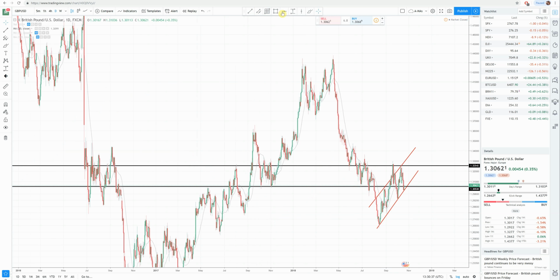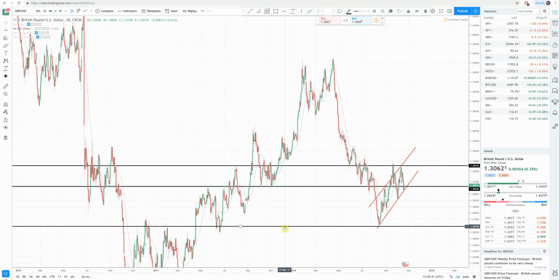It's actually a major level since price has reacted to it a few times in the past.